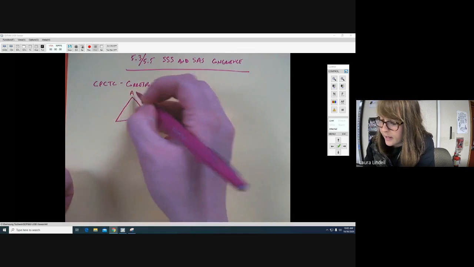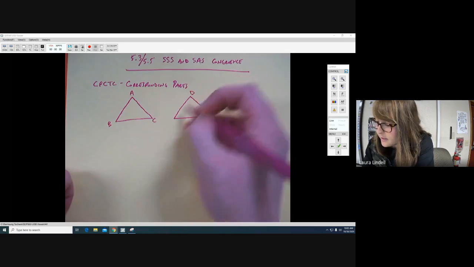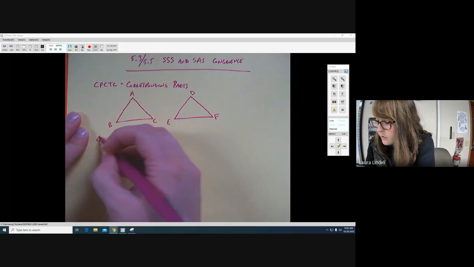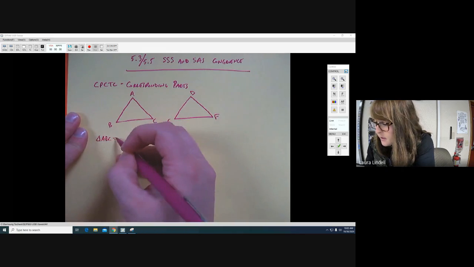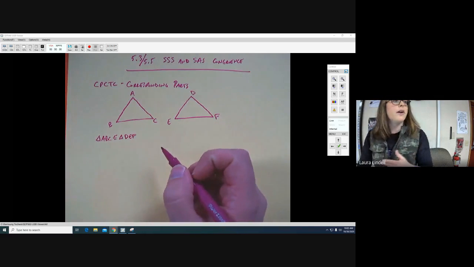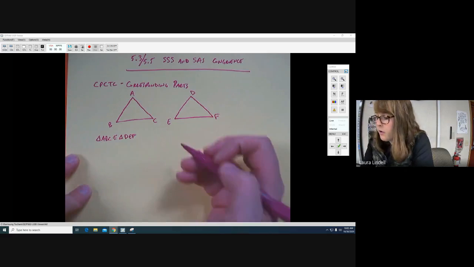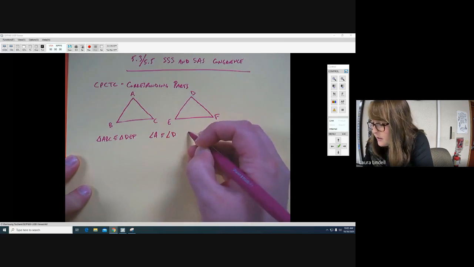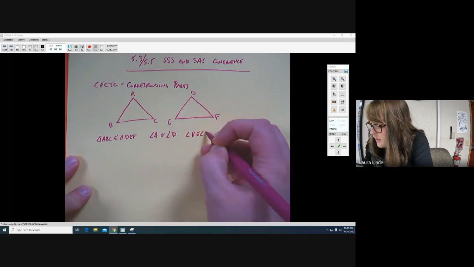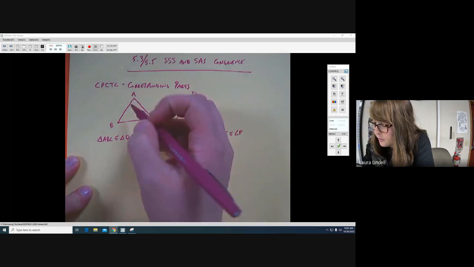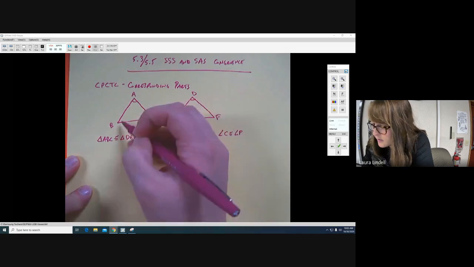But if we had triangle ABC and triangle DEF, and we wanted to show triangle ABC is congruent to triangle DEF, typically you would have to show that angle A is congruent to angle D, that angle B is congruent to angle E, that angle C is congruent to angle F. So we would have to show all of these things.